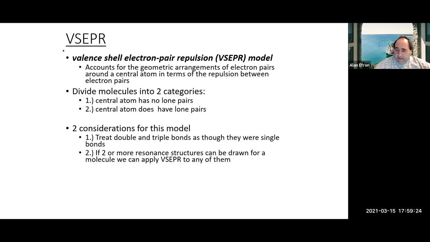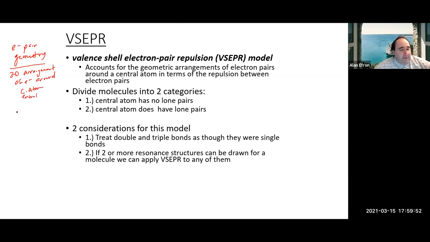So we're going to talk about two different names here. One is sometimes referred to as the electron pair geometry, which describes the three-dimensional arrangement of the electrons around the central atom. And it's always the central atom that we're interested in.